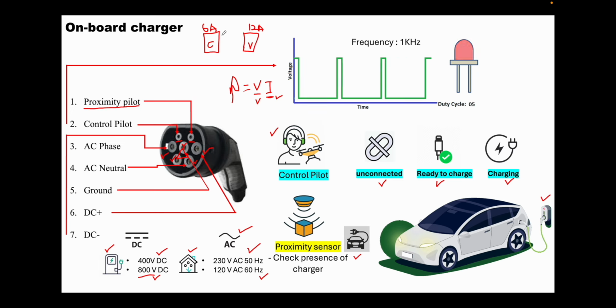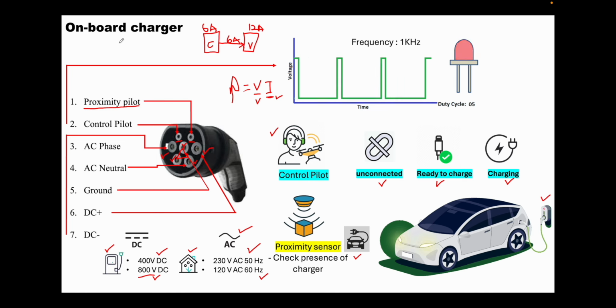But in this case, both of them will communicate and decide which current is allowed while doing this charging process. And this is determined by the lowest current that is offered by both of the devices. So in this case, it will be 6 amps.